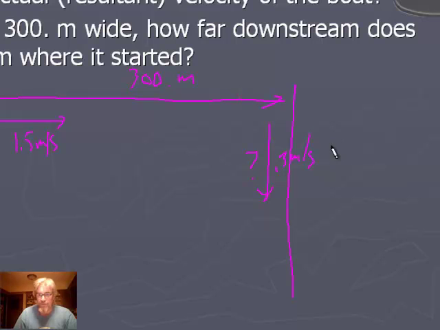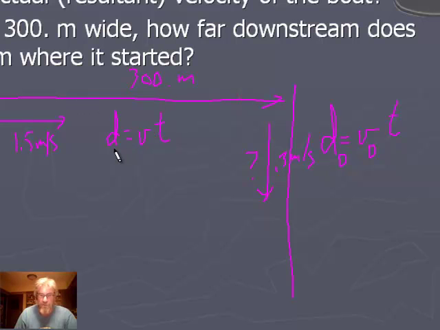However, I do know however far it's going, that is equal to its speed times time. So the distance downstream is equal to the downstream speed, or the current, times time. Well, I know the speed downstream, the current, is 0.3 meters per second, but I don't know what time is. However, the time that it drifts downstream is the same time that it goes across the river. And distance equals speed times time is also true for this motion.